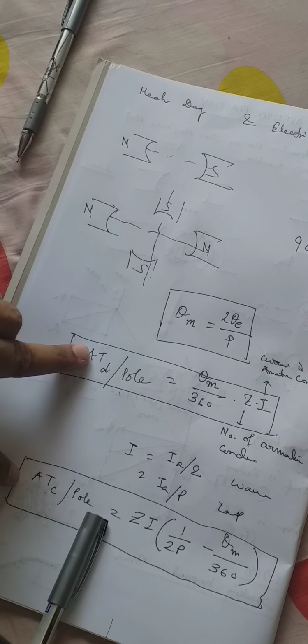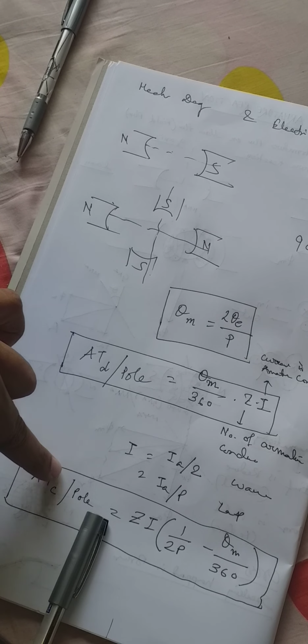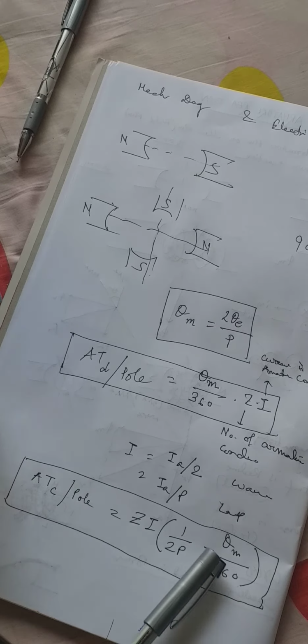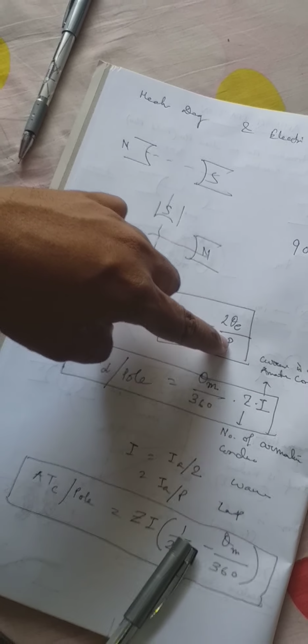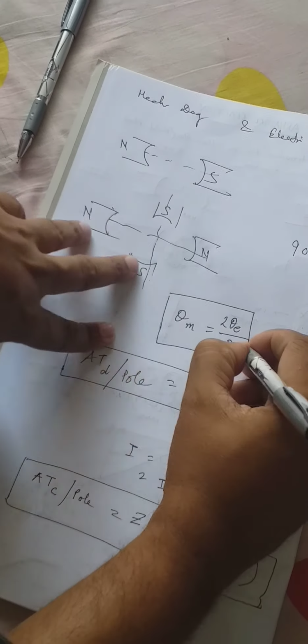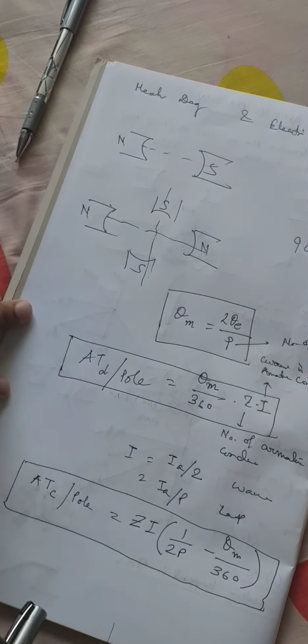So with these formulas we can get the armature ampere turns demagnetizing per pole and ampere turns cross magnetizing per pole, where theta m, the mechanical degree, is equal to 2 into electrical degree by number of poles. Okay, that's all.